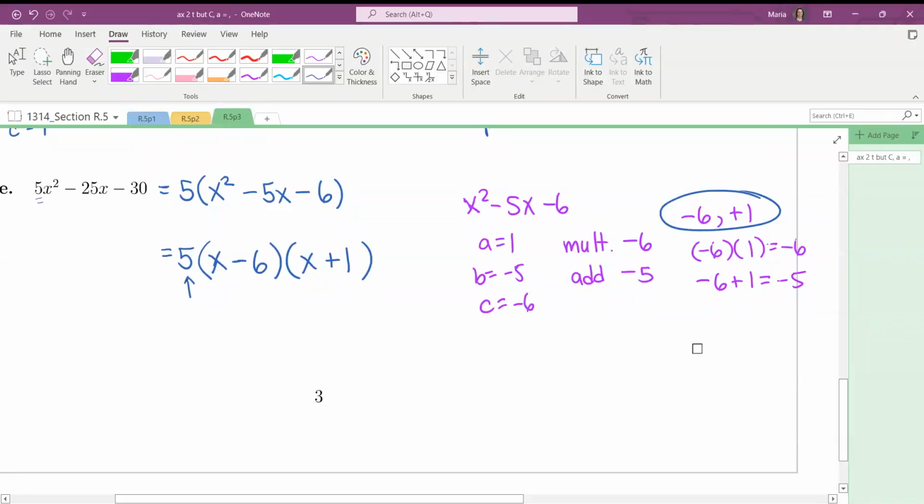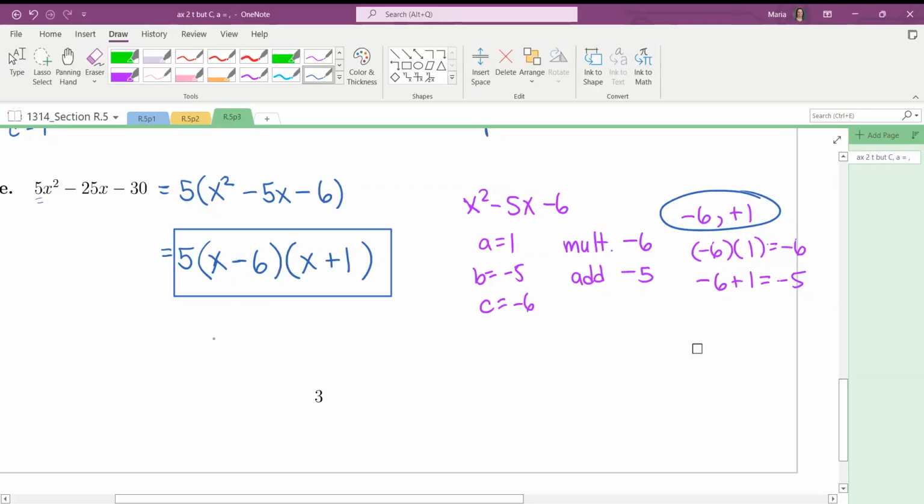You have to leave this 5 out front because we took it out from the original statement. No piece of this factors again: the 5 doesn't break down further, x minus 6 doesn't break down further, x plus 1 does not break down further. So we are done. This is your factorization, or your answer. If you multiply it back out, you should get what we started with, the original statement.